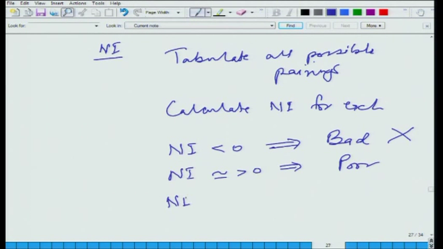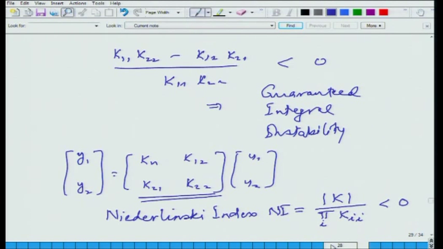And a Niederlinski index close to 1 implies mild interaction. These are the pairings where the Niederlinski index is close to 1. If the Niederlinski index is exactly 1, what that means is numerator is equal to denominator, then you will get cancellation and you will get 1.